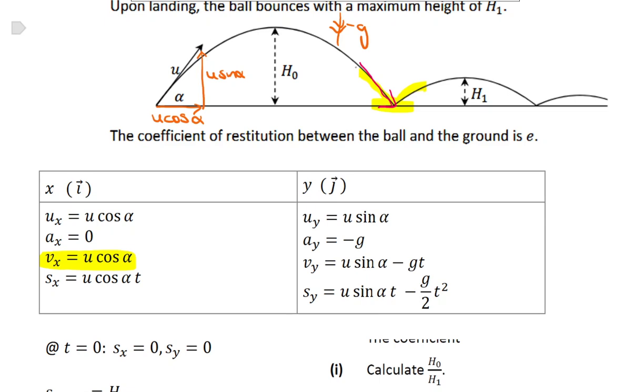It goes down with a certain speed, then goes back up. And the back up speed, the thing I've put the question mark on, colored in blue, has something to do with the coefficient of restitution. But what we need to figure out first is the speed of the ball as it hits the ground.